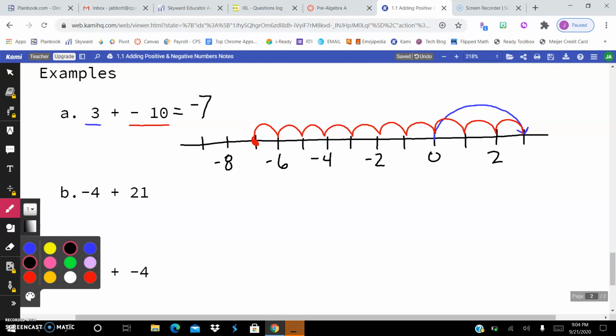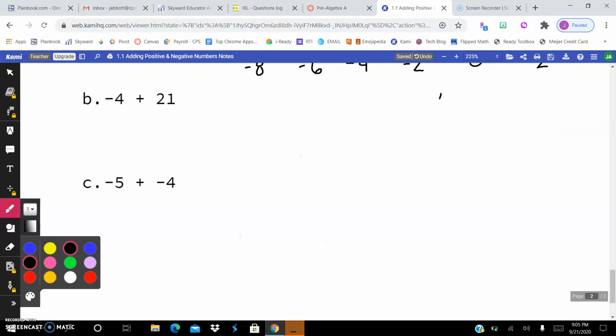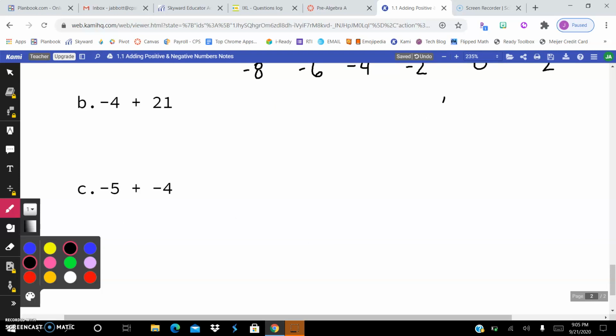Again, 3 is positive, so you have 3. The 10 has a negative sign. So that means you're trying to spend 10. So if you have 3 and you're trying to spend 10, you would need another 7. So -7 is your final answer. All right, -4 plus 21.